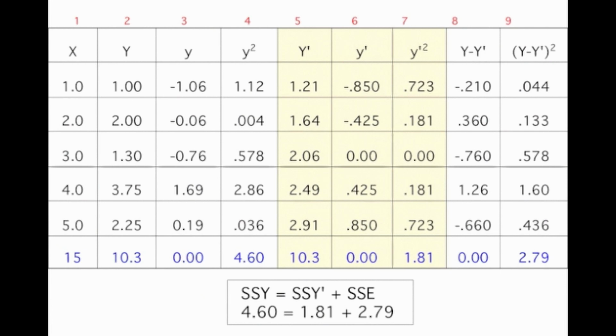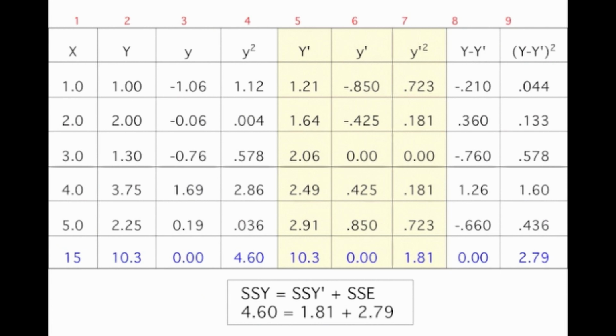In the introductory section, it was shown that the equation for the regression line for these data is Y prime equals 0.425X plus 0.785. The values of Y prime were computed using this equation. The sixth column, small y prime, contains deviations of Y prime from the mean Y prime.